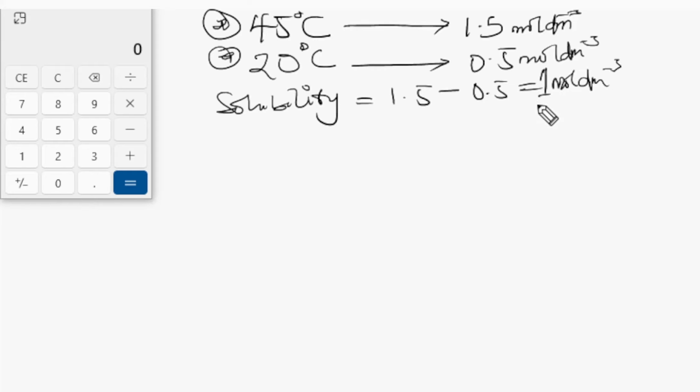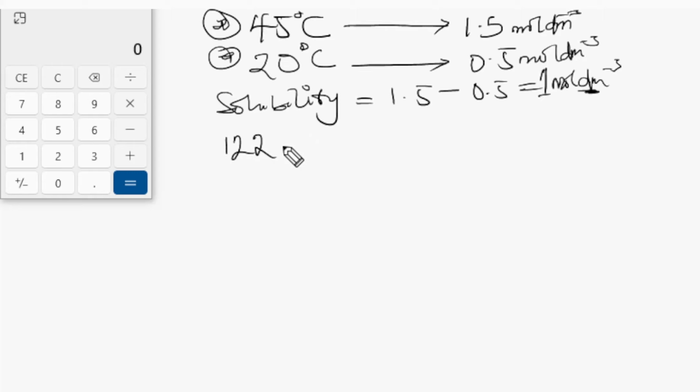So guys, now that we've gotten this, we've established that for each dm cube of this crystal we have 1 mole. Now we want to know the mass of 1 mole of this substance as well, and that will be the molar mass. The molar mass has already been given to us in this equation.